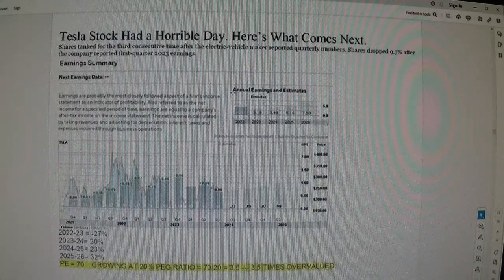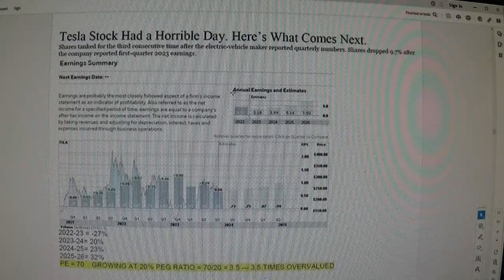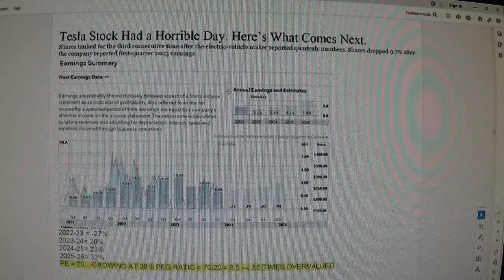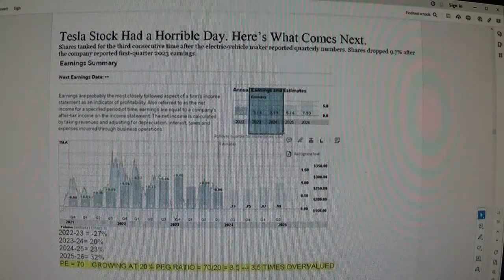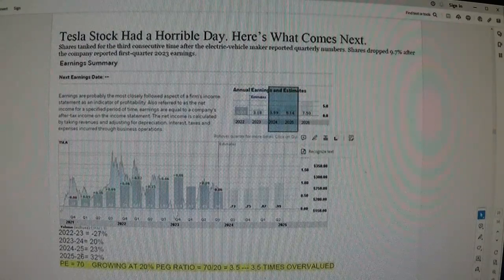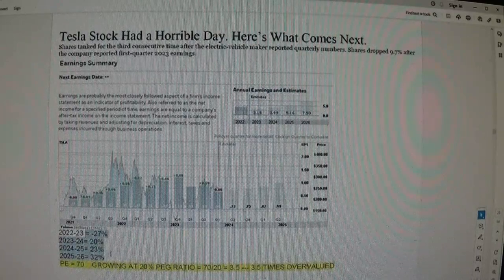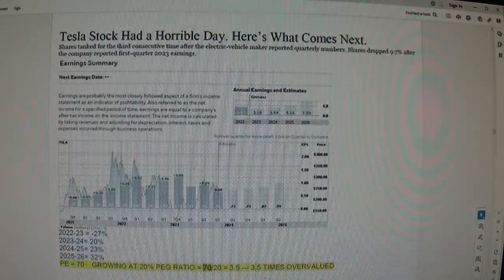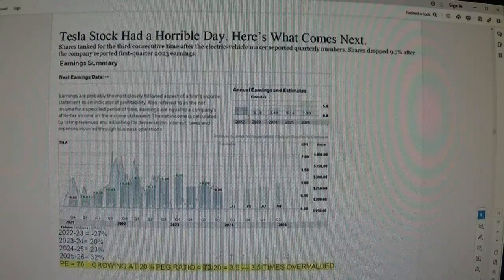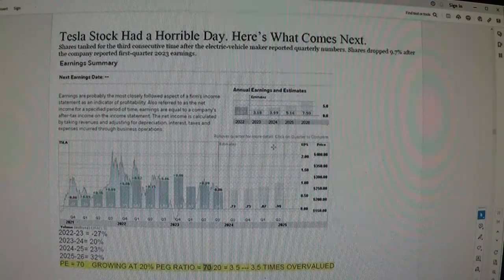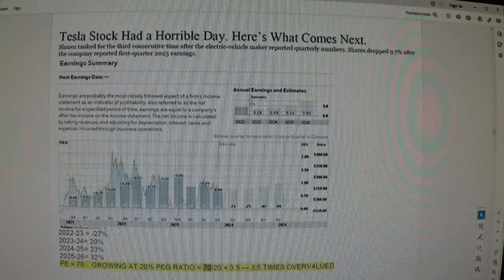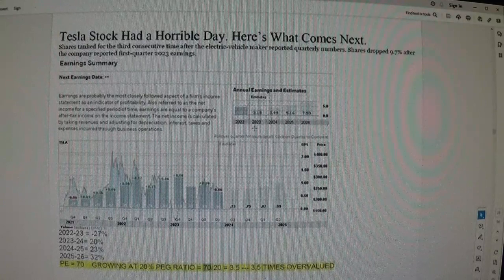So their margins, what they make per car, is going down, and that's not good. I mapped out these estimates for the years coming forward, and it seems like they're growing at 20%. And the PE ratio is 70, so that's a super premium. So it's super dangerous. If this is all they're selling, they're 3 times overvalued.